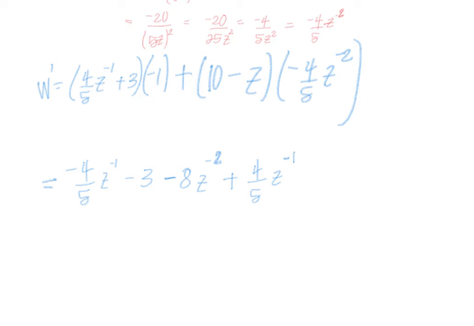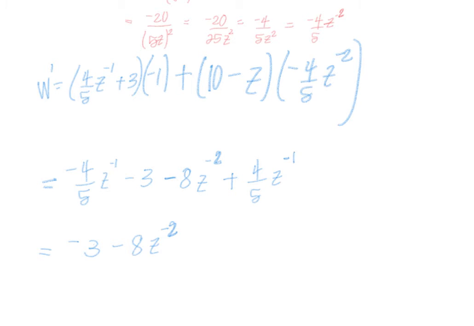When I multiply this 4 over 5 z to the negative 2 and a z to the positive 1, this power of 1 and this power of negative 2 add together to give me a power of negative 1. And so the negative 4 over 5 z to the negative 1 and the positive 4 over 5 z to the negative 1 cancel to just leave me with negative 3 minus 8 z to the negative 2. And you can leave it like that.